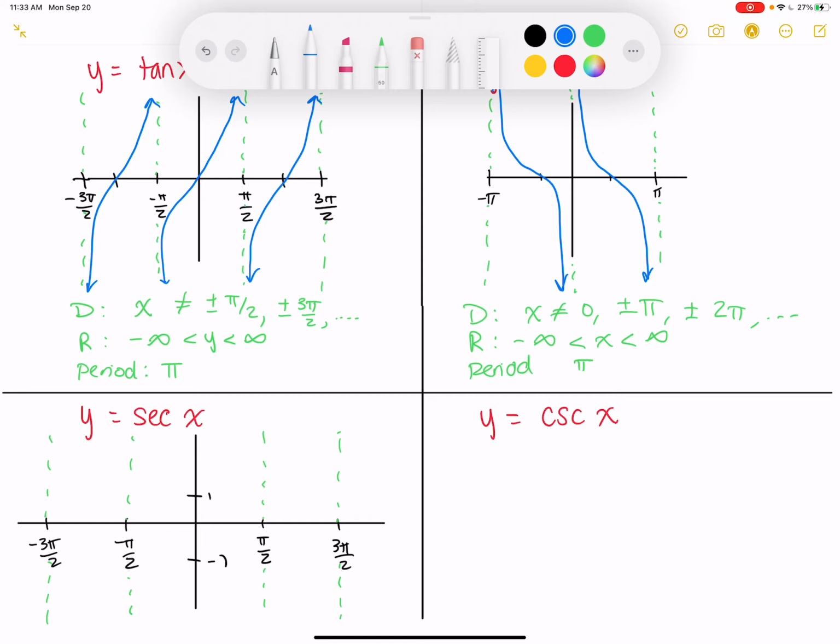So this one is kind of the inverse, isn't really the word I'm looking for, but it's the opposite of the cosine one. So this little U is going to be like this, and like that, and like that.